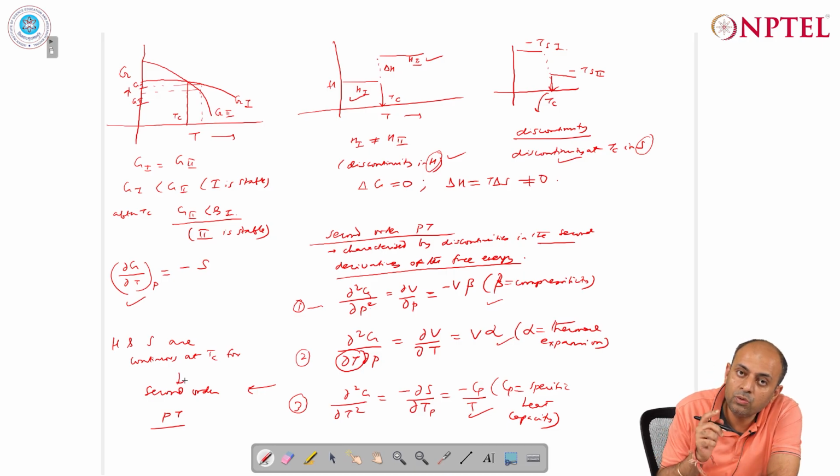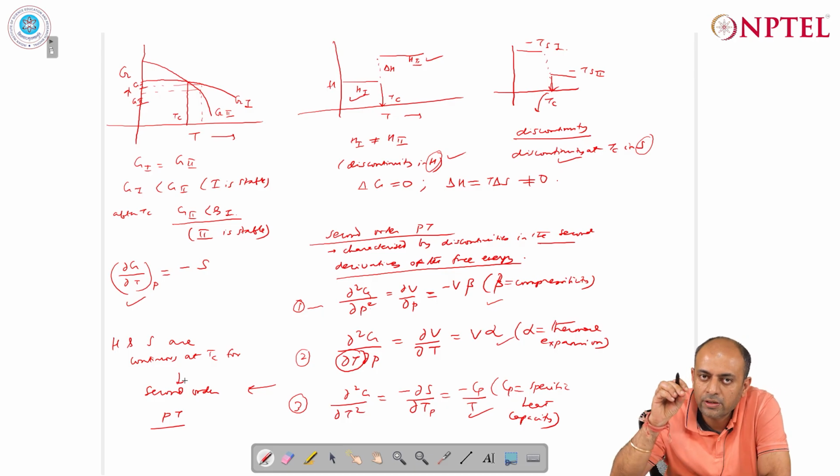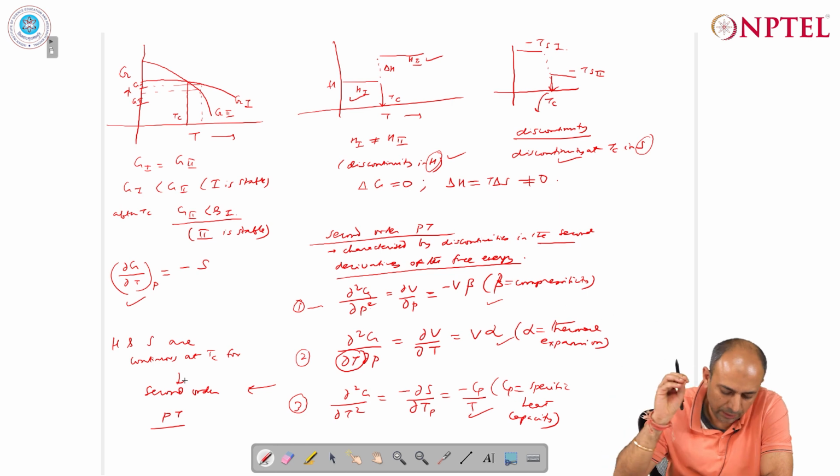So we are able to determine a first order phase transition by looking at a discontinuity in H and S. However, for a second order phase transition, H and S are continuous at Tc. So how do we represent these continuous changes which happen in the structure till you reach Tc, and what happens after Tc?